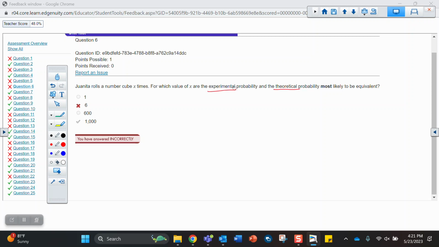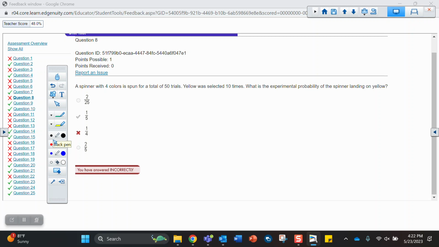So the more times you repeat the experiment, the more the same those 2 numbers will be. So it's always just going to be the biggest number in questions like that.